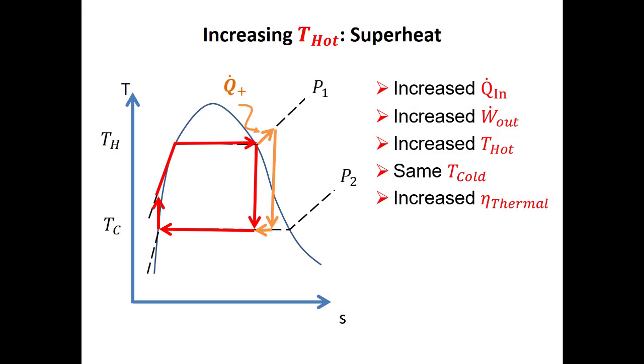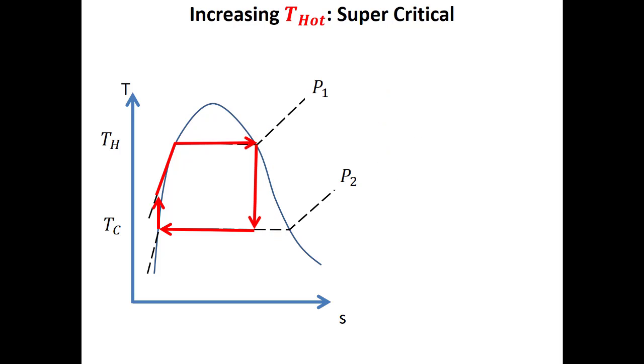So we're getting work out, right? And we know to improve efficiency, right? In this case, because the pump power stays the same, to improve efficiency, we need the turbine power to be increasing more rapidly than the heat in, right? And this does happen when we superheat the fluid, right? So if you superheat, then you get increased thermal efficiency.